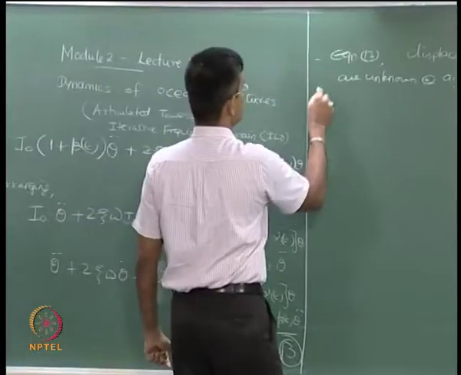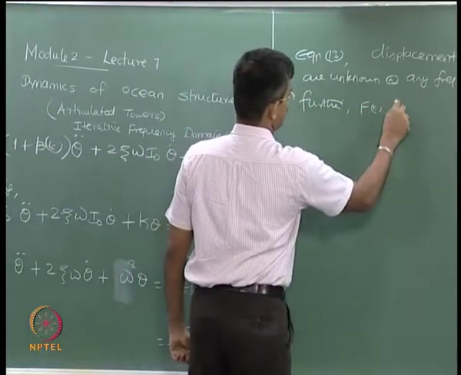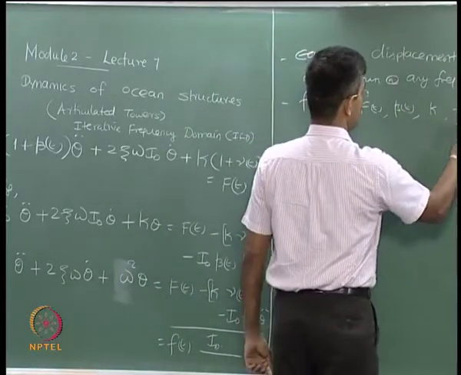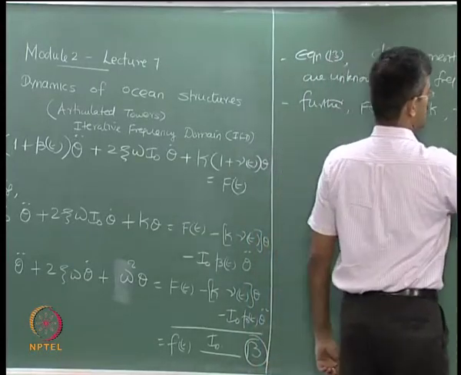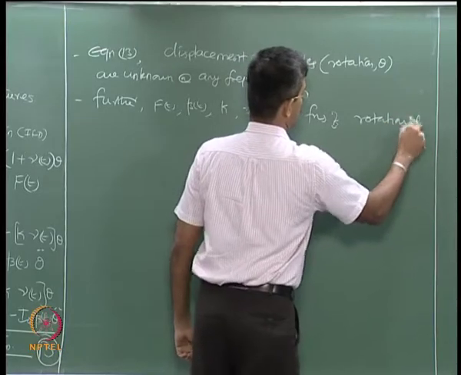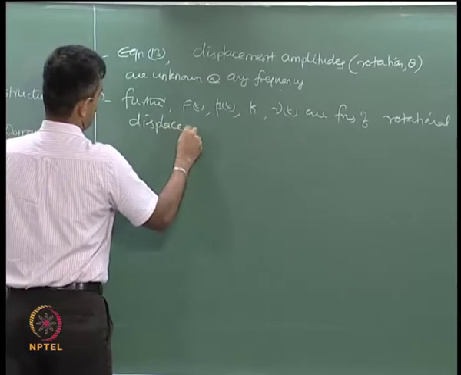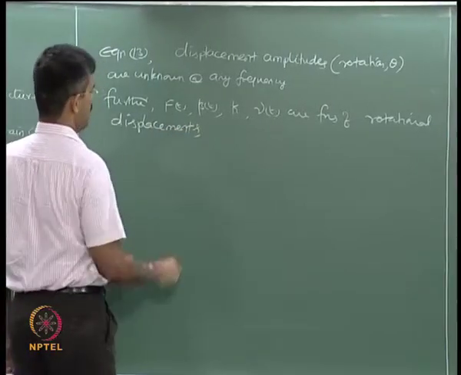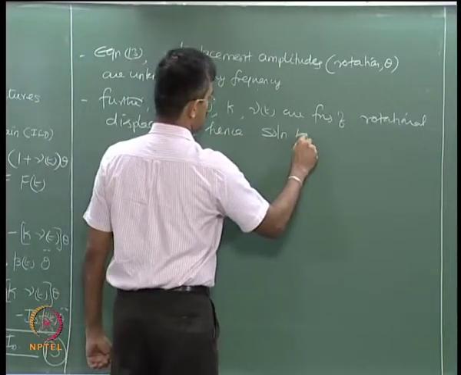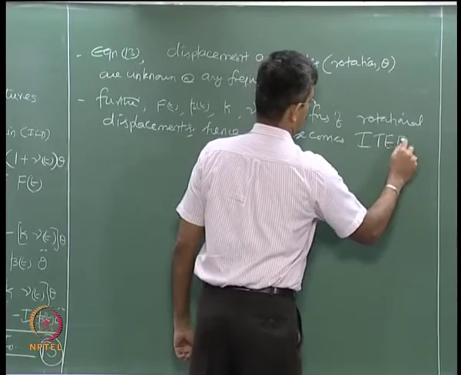Further, f of t, beta of t, k nu of t are functions of rotational displacements. Hence, the solution becomes iterative.